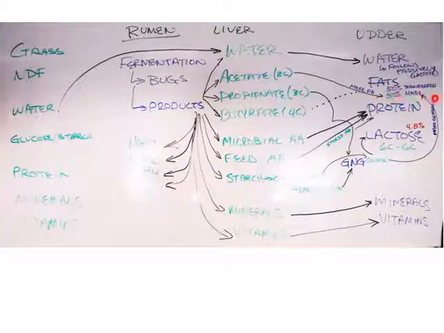So you're going to make glycerol from the glucose that might be absorbed, gluconeogenesis. So we've got lactic acid, propionic acid, used in gluconeogenesis. It's going to create a glucose pool in the blood.